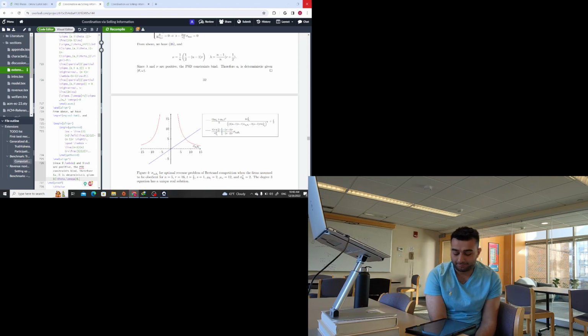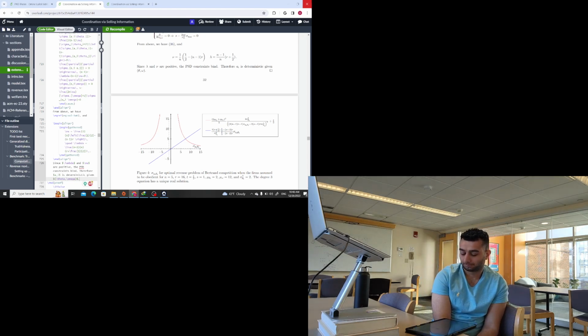This should be negative. Well, if r is positive, the left hand side of my inequality will be positive, the right hand side will be negative.